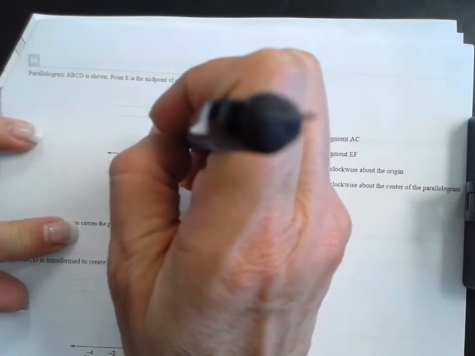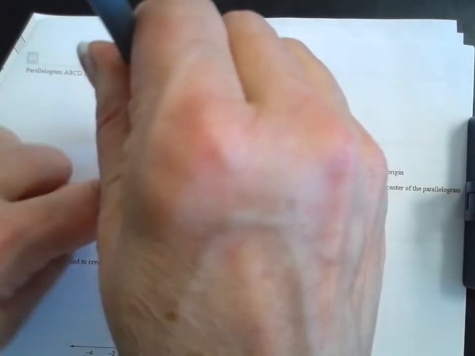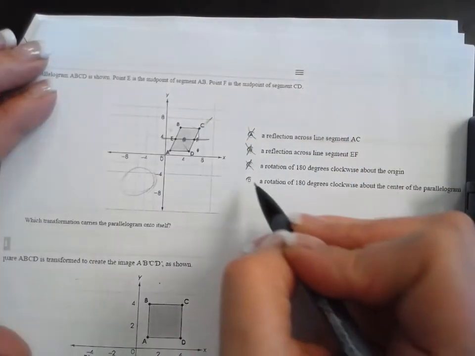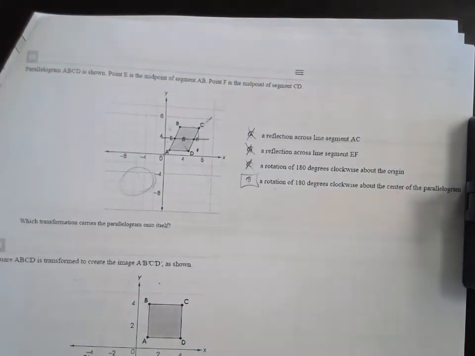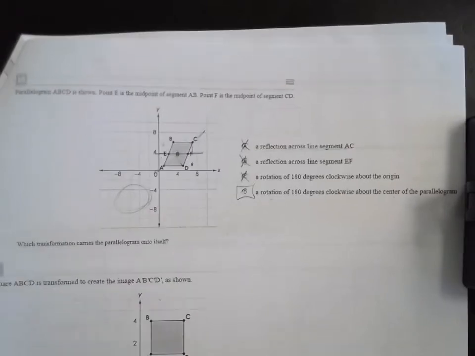That means if I rotate here, I'm just kind of rotating it around. So it has to be D. Does that make sense? Just take your time and look at each choice, and you guys are going to be rock stars. All right, good.